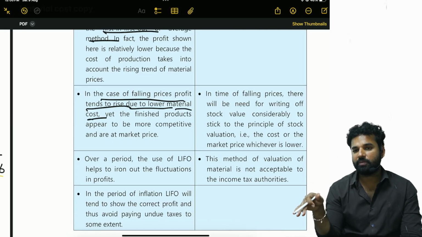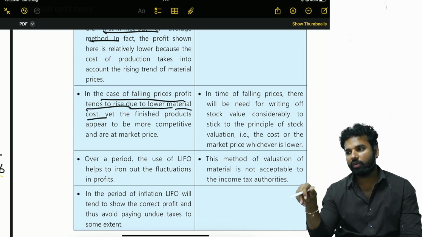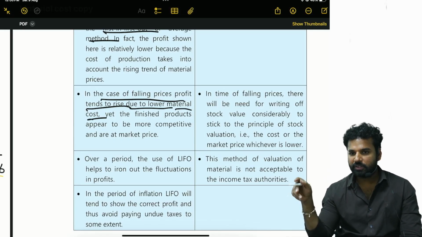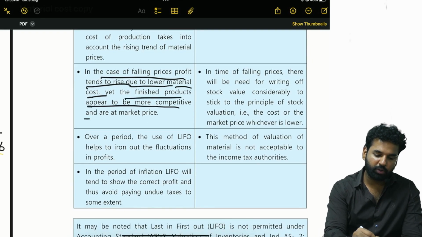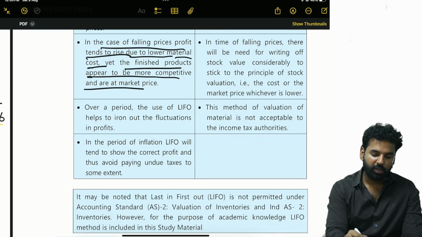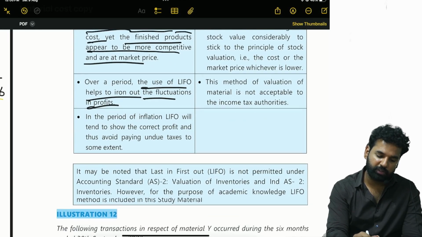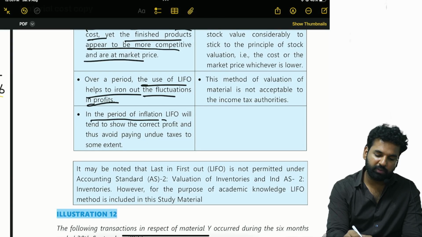Rising prices, inflation means lower profit. Falling prices means higher profit. So the finished products appear to be more competitive and at market price. Over the period, use of LIFO helps to iron out the fluctuations in the profit. So in the period of inflation, LIFO will tend to show the correct profit and thus avoid paying undue taxes to some extent.